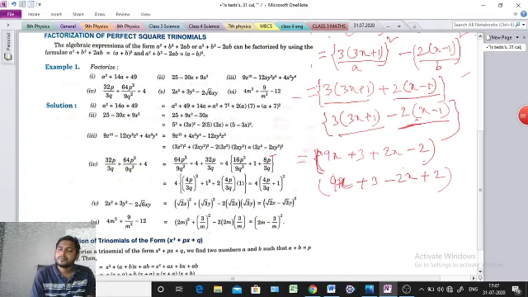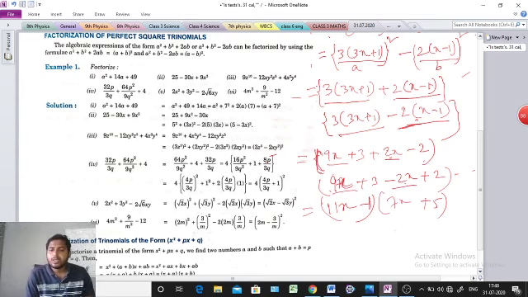Next, 9x plus 2x means 11x, and 3 minus 2, 3 minus 2 is 1. Next, 9x minus 2x is 7x, and 3 plus 2 is 5. So we are getting 11x minus 1.